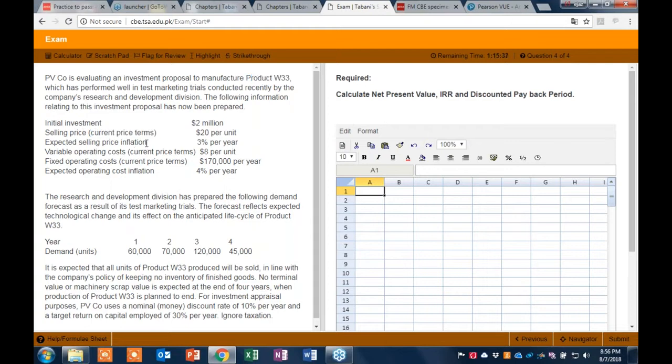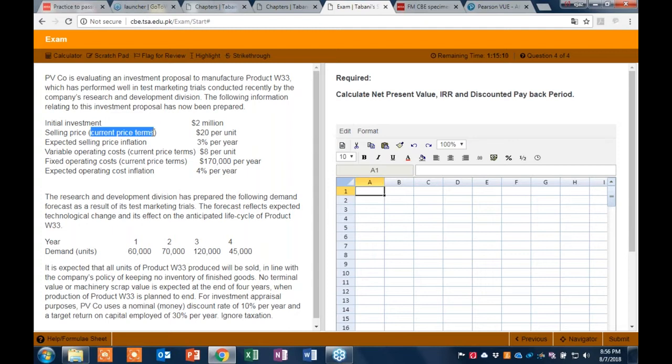Whenever you see inflation in the question, you will usually see this term mentioned, current price terms. It means that the price of the product is quoted as of now, that is, how much it will cost us, or for how much we will be able to sell it today. That's called current price terms.